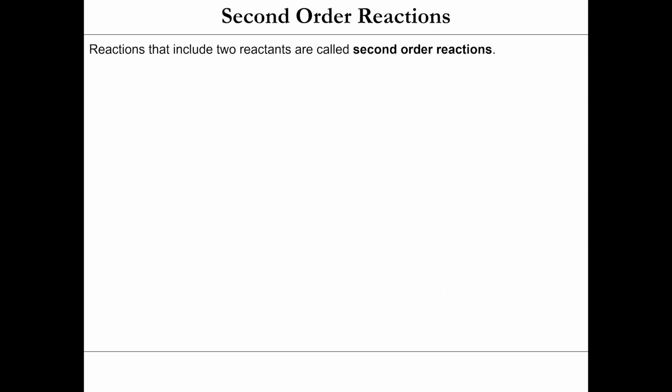So there's a few different ways you can describe this. So you can do A plus A is converted to product, which can be simplified to just 2A is converted to product. Or, if there's two different types of substrates, it could be written A plus B is converted to product.